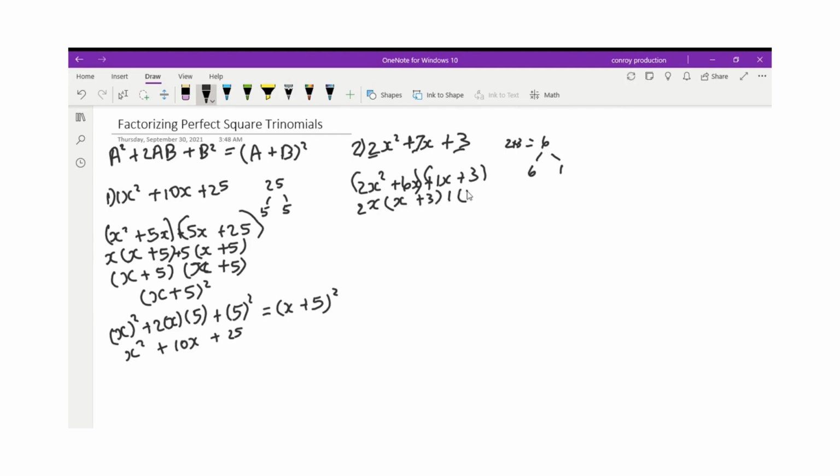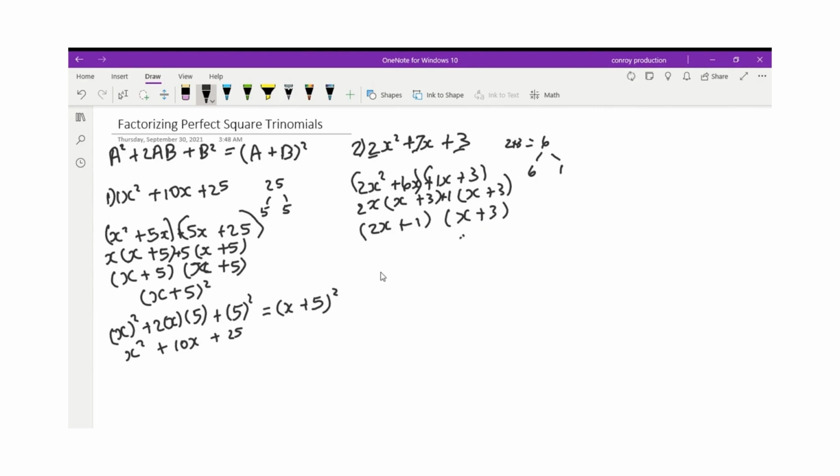Factor out the 1 right here, x plus 3. Alright, we see we have the same terms, and we have 2x plus 1 outside of the bracket. We write that as 2x plus 1, and keep one of the brackets, x plus 3. And so this will be our answer. It could still be verified with the formula.